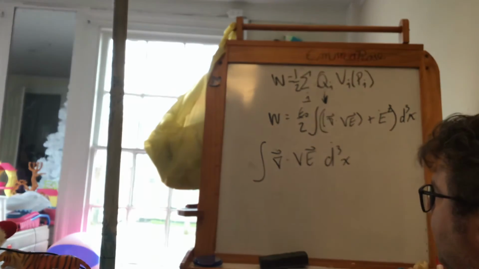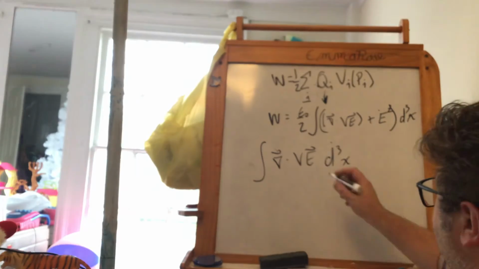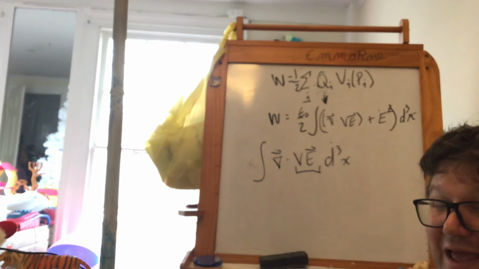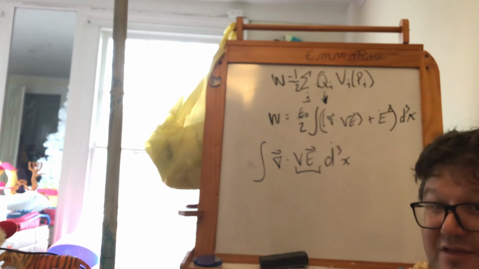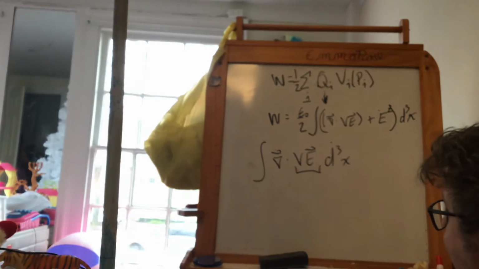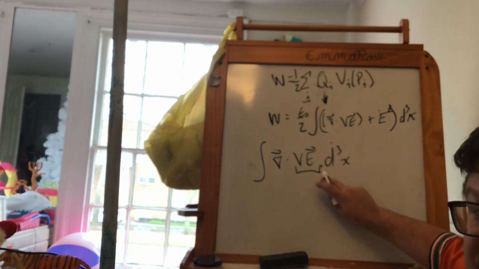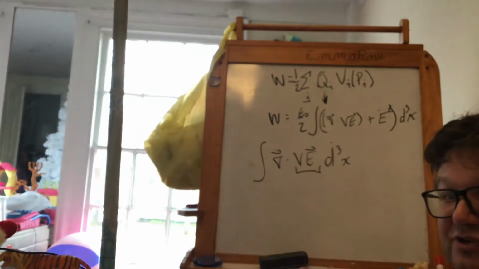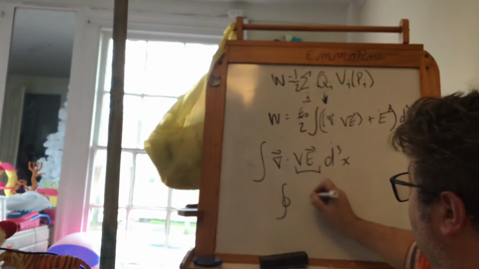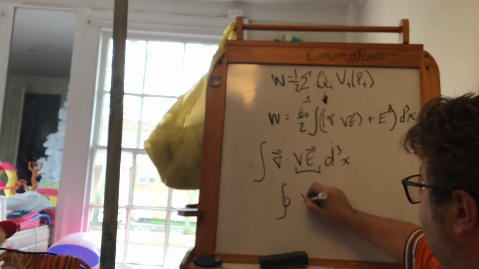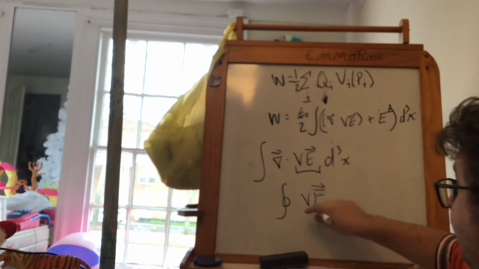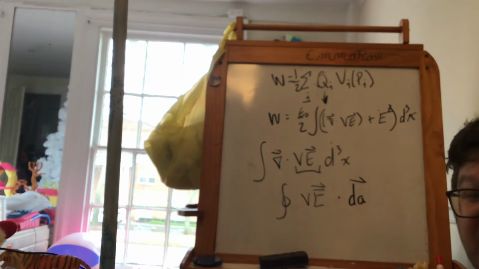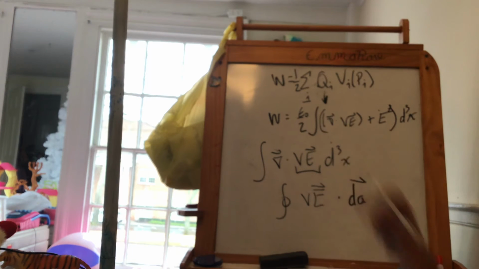Okay, so this is a scalar times a vector, but that is also a vector, right? A scalar times a vector is a vector. And so I know that if I have the divergence of a vector integrated over a volume, just taking advantage of Green's theorem, this is the integral of that vector, which in this case is V times E, dotted into the surface area of your volume.